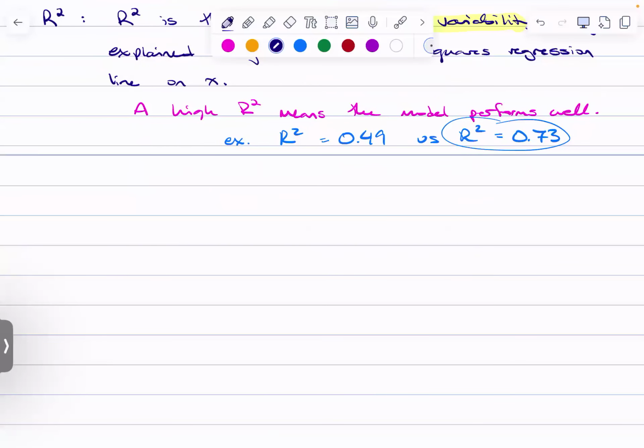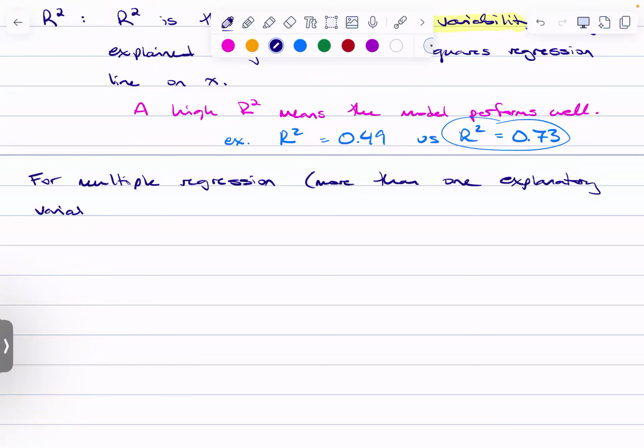And so for multiple regression, more than one explanatory variable, we use the adjusted R squared instead of just the R squared.